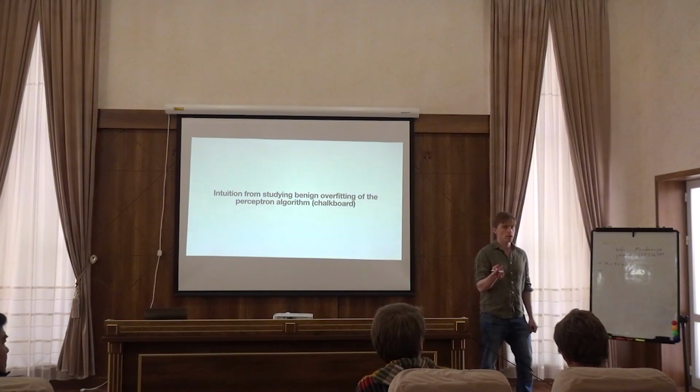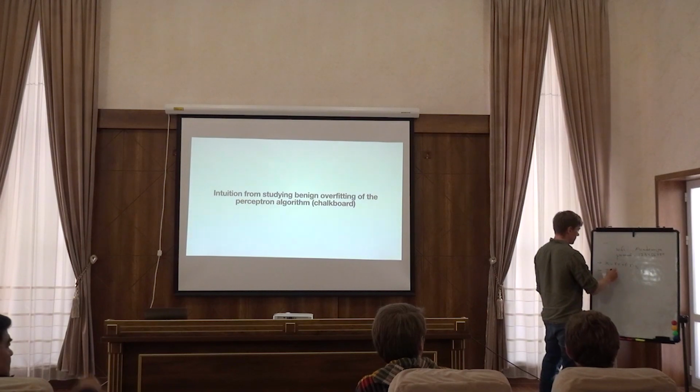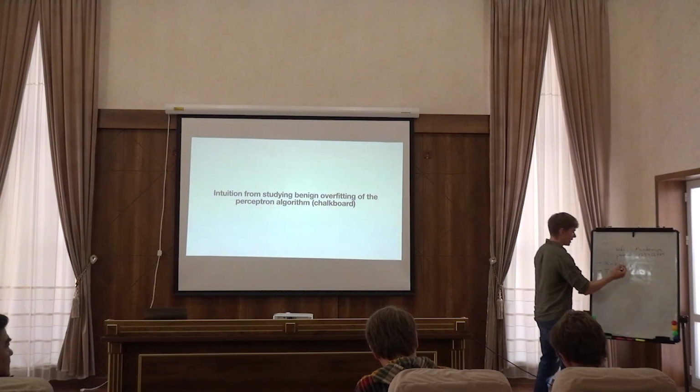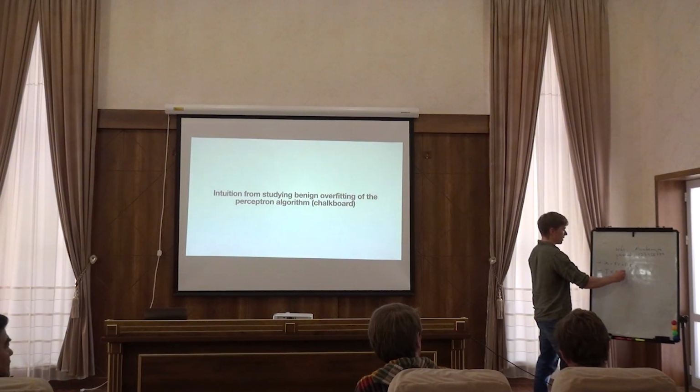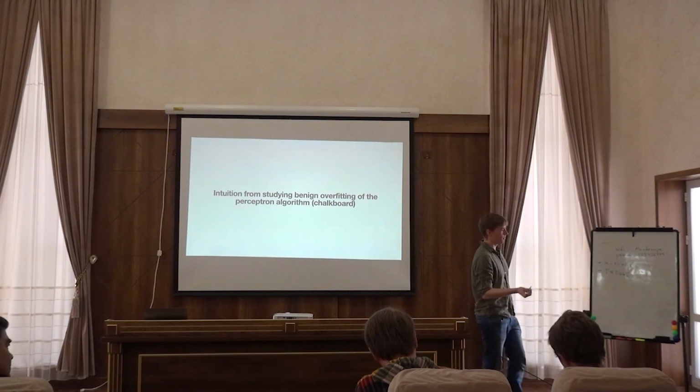We know that the perceptron algorithm terminates in some time, so t is going to be less than or equal to, I think in this case, if we make sure this is normalized, just W star squared, where W star is a linear classifier of our problem.